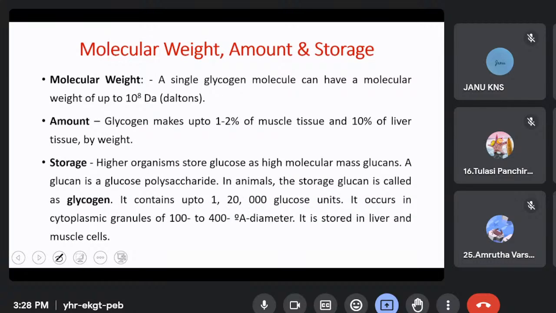The molecular weight is said to be 10 to the power of 8 daltons. Glycogen makes up about 1 to 2% of muscle tissue and 10% of liver tissue by weight. I have already told you, glycogen is stored only in muscle and liver, not elsewhere.